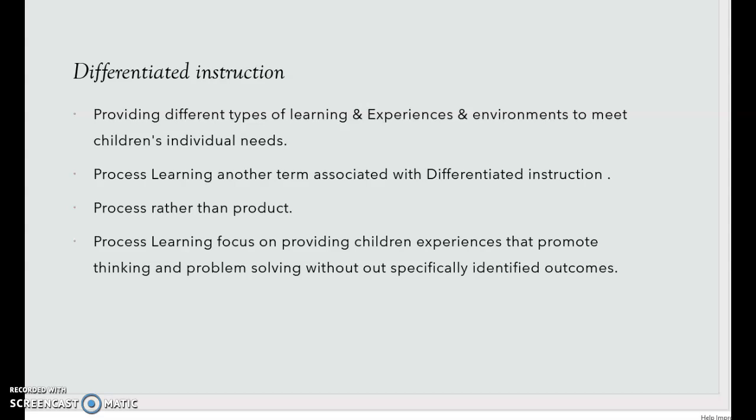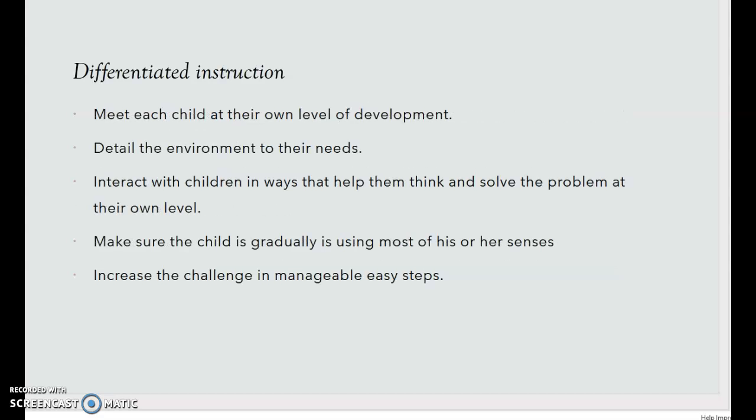For example, if I gave children Q-tips, paint, and paper and said, go create whatever you want, that is an example of process learning, whereas product would be, okay, we're going to make a flower, so make sure you put your stem this way, make sure you put your petals this way, because I specifically want it to look like a flower. That's product. Whereas process, you're giving them those materials and then you're letting them create.